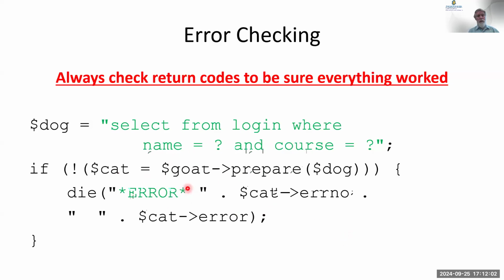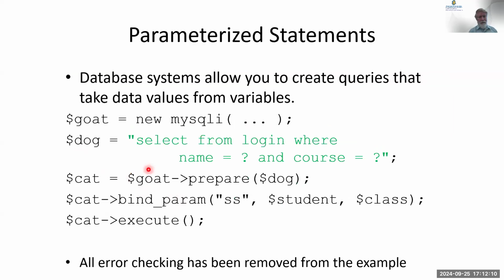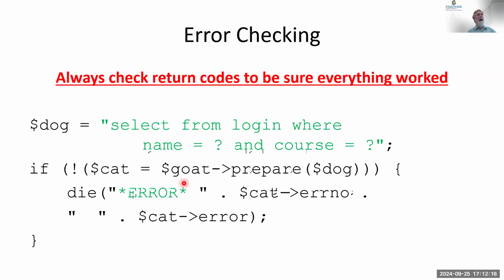But yes, in all your programs, always check the return codes. There's going to be one for the bind, one for the execute, and one for the new SQL. Always check error messages, not only in PHP or SQL, but in any program you write.